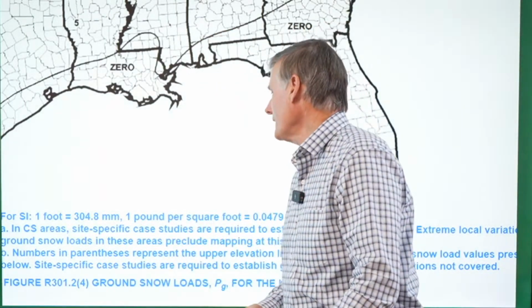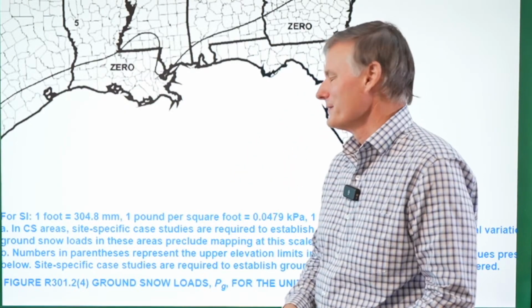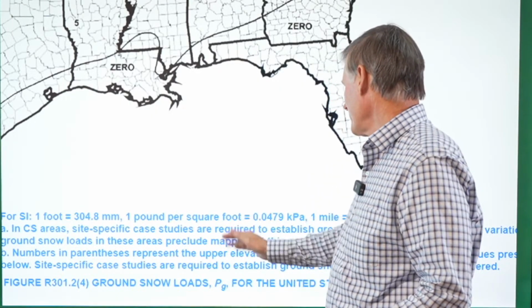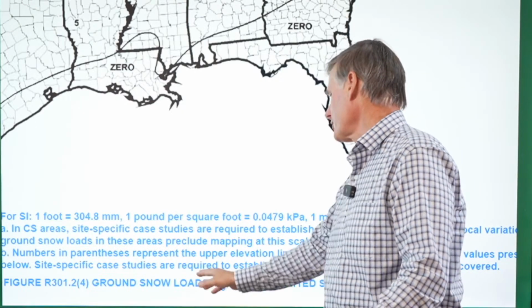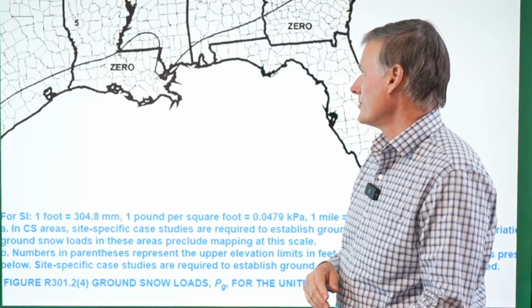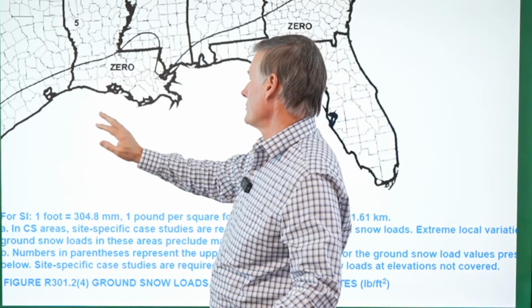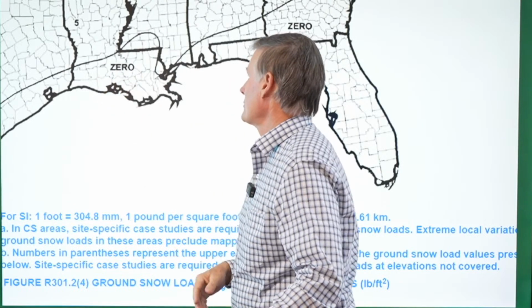And then I just want to throw in another site-specific thing that the codes have in it, and this is from the International Residential Code. This is the snow load map for our area, and you will notice that when we're designing, we have a big 0 for most of South Louisiana.